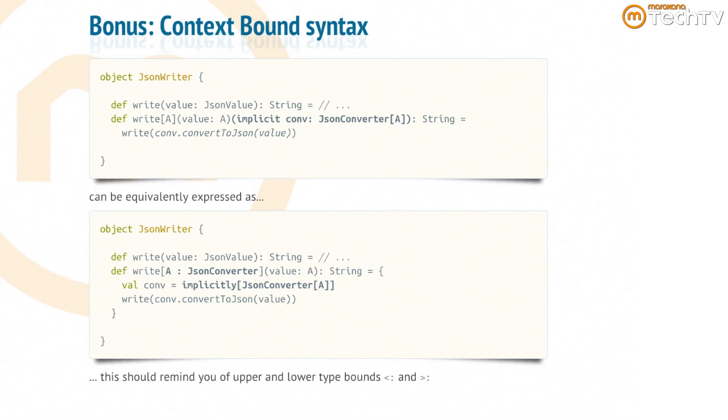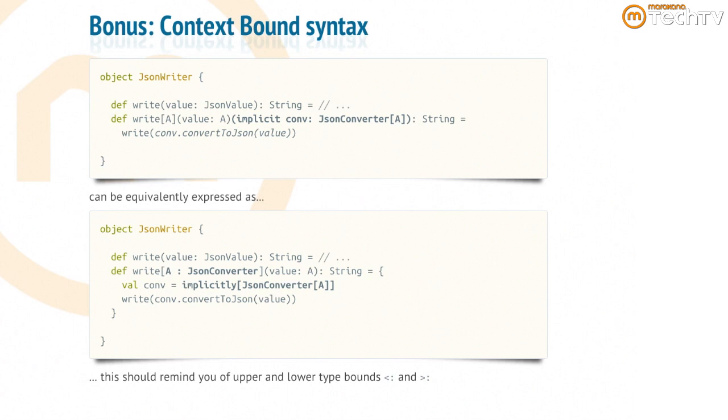So above we have just what we had before. We've got our two parameter lists, one taking our value that we want to convert to JSON, and the second implicit parameter list taking our type class instance. But we can express that in a more first-class way in the language using this context-bound syntax, where we say that A is context-bounded, and that's what this colon means, by the JsonConverter type class.